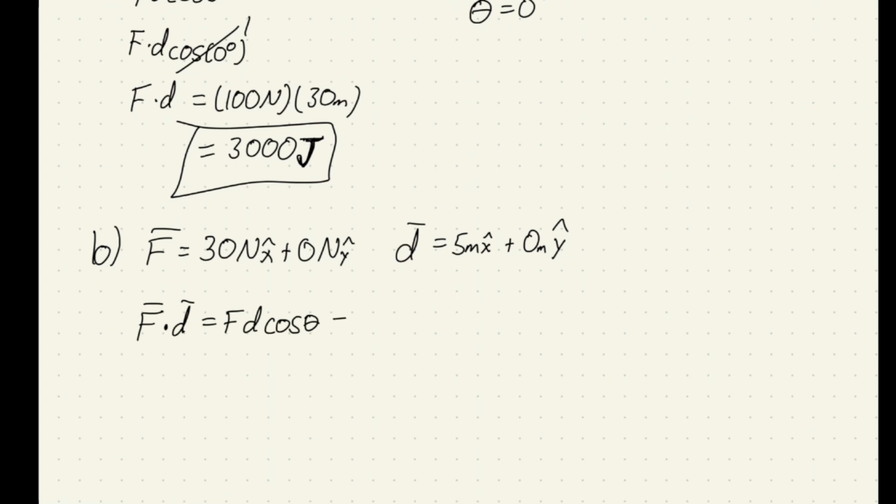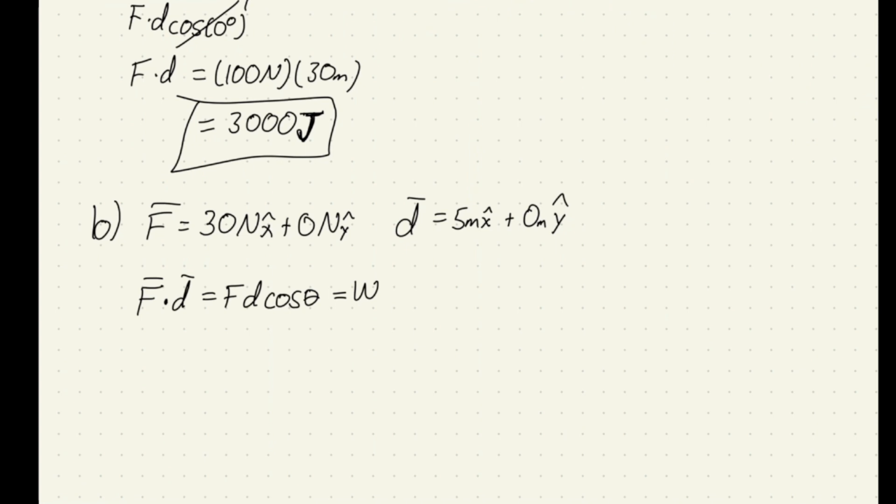This is also our work equation. Both of these are valid. I don't know the angle between these two vectors for sure, although I can say it's 0 degrees because they're both parallel to the x-axis. But just to be careful, let's do it both ways.